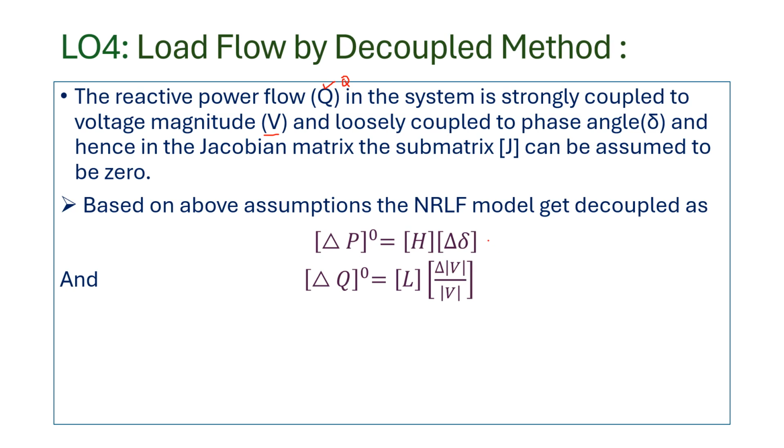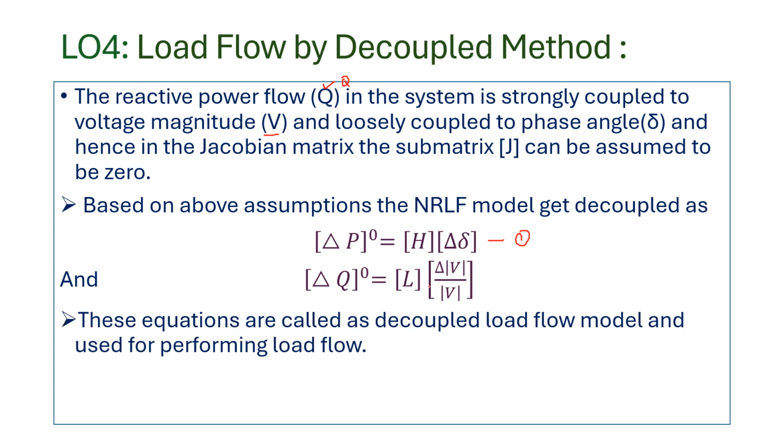In this one we have assumed N equal to 0, and in the other matrix the J submatrix is assumed to be 0. So we have decoupled the NRLF model into two models. These equations are called the decoupled load flow model, and it is used for performing load flow.